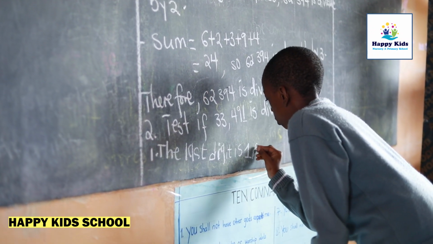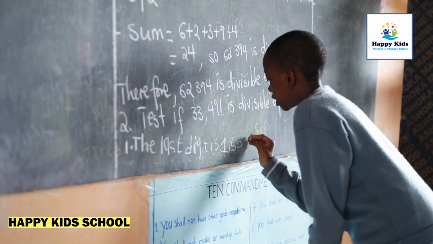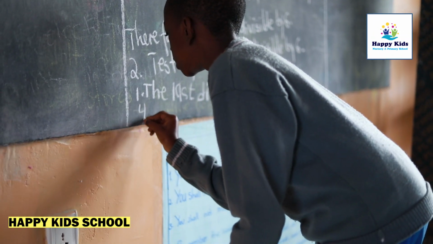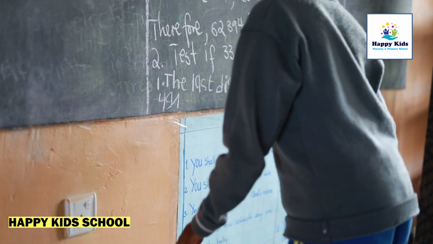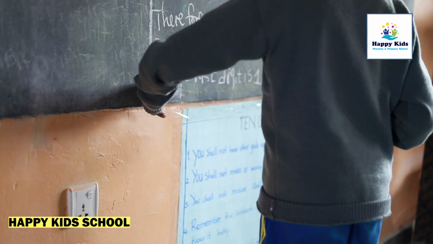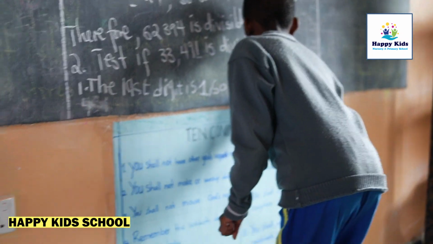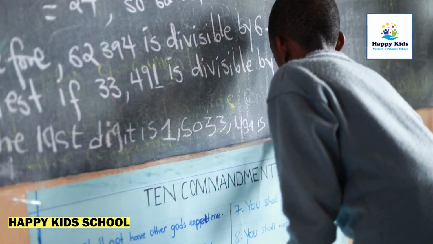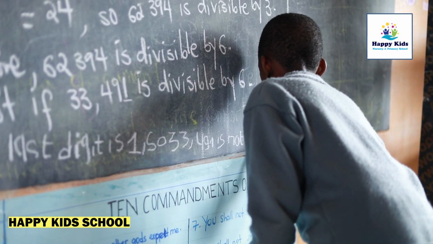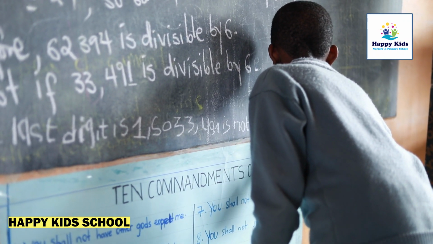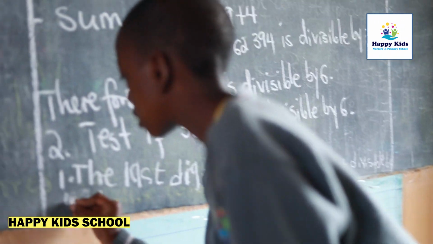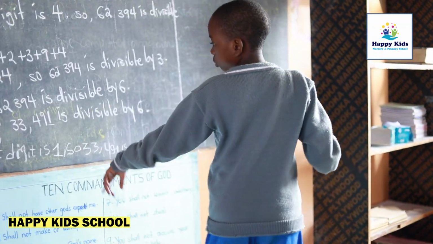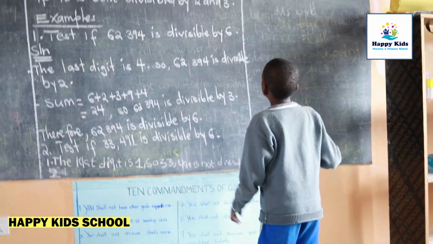So 33,491 is not divisible by 2. The last digit is 1, and the number is not divisible by 2 because it is not even.